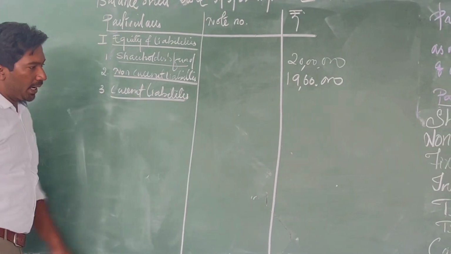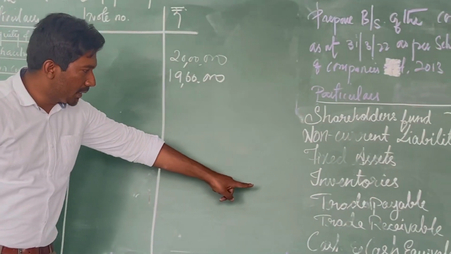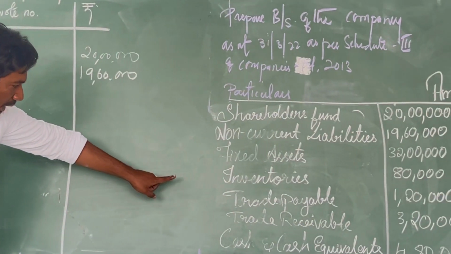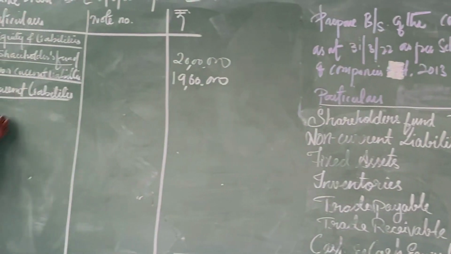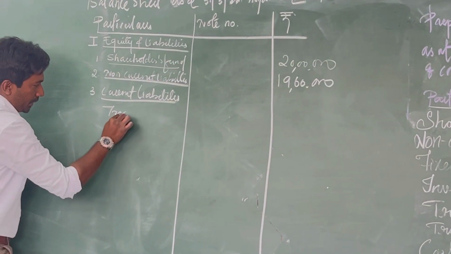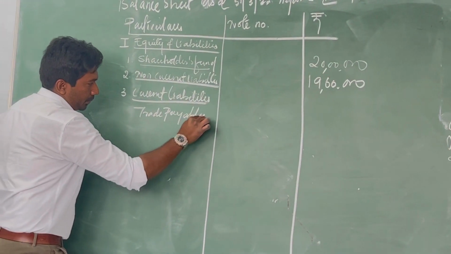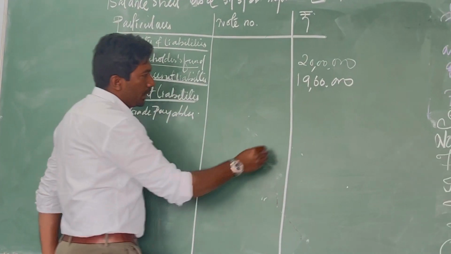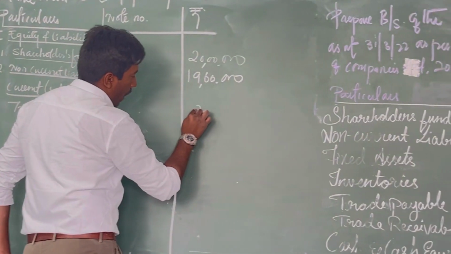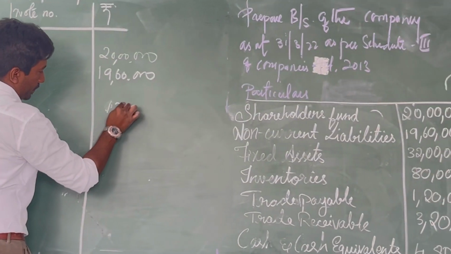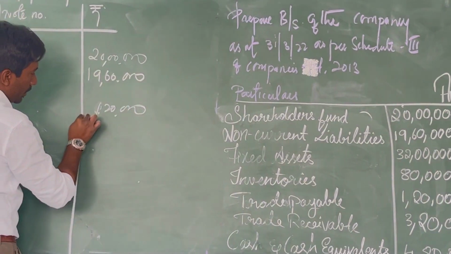Under that we have trade payables and anything else? Only one item we have. So write down trade payable. Amount is 1 lakh 20,000. Over, guys.